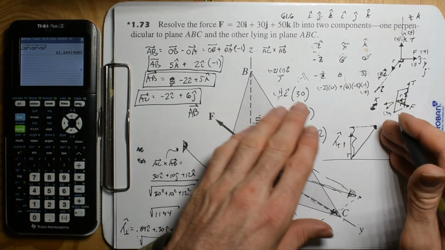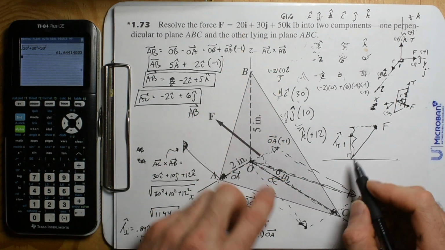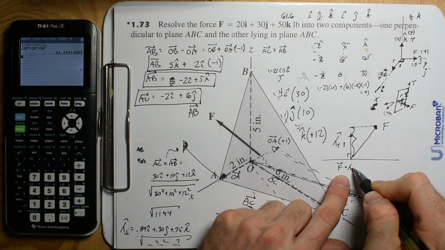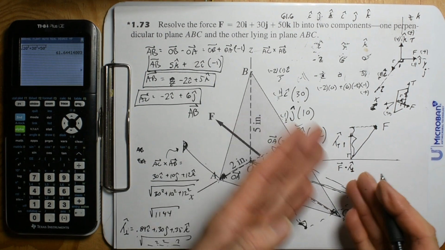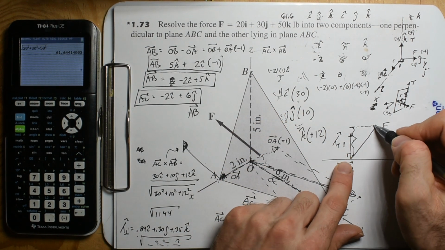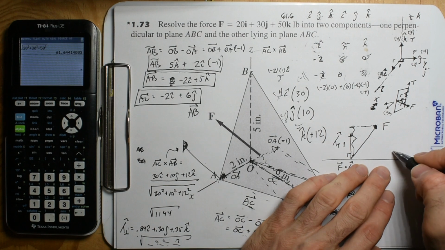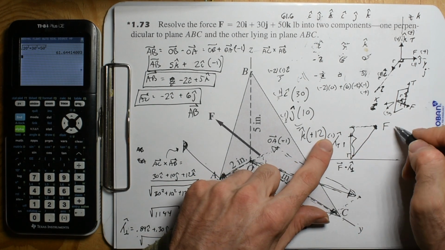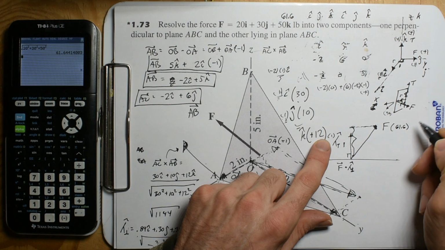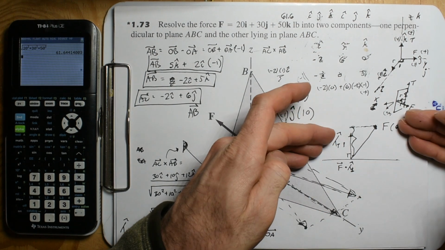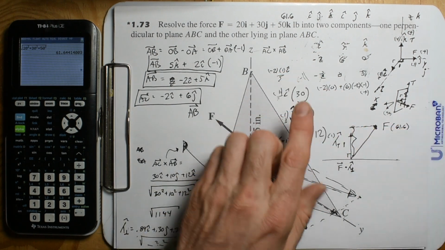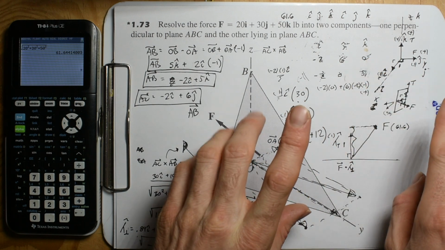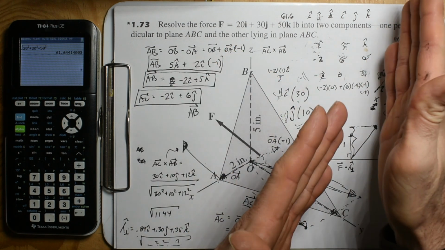So when we do the dot product, we're going to do F dot the unit vector perpendicular. And you could do the opposite. It's the same. This kind of visually makes sense, where this has a magnitude of 1, and this has a magnitude of 61.6. So doing the dot product, you're still multiplying numbers, but only if these vectors are in the same direction do you get to multiply 100%.